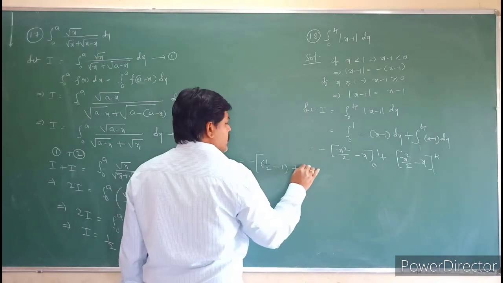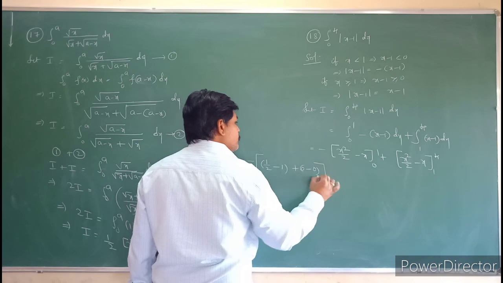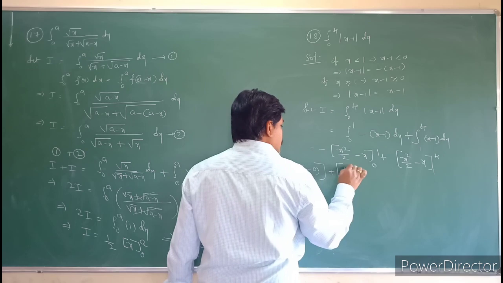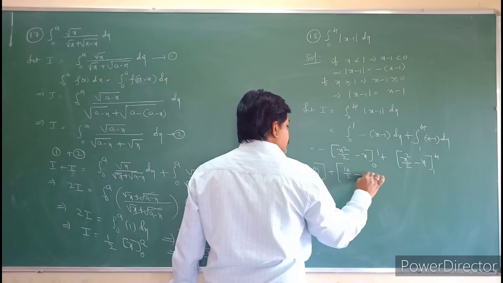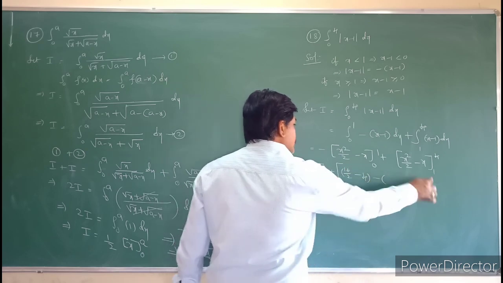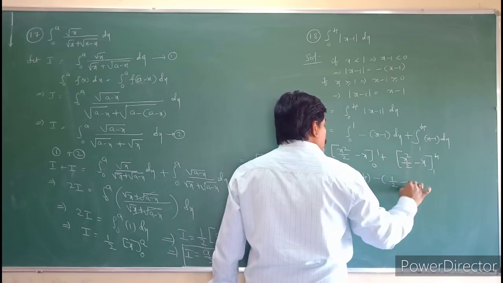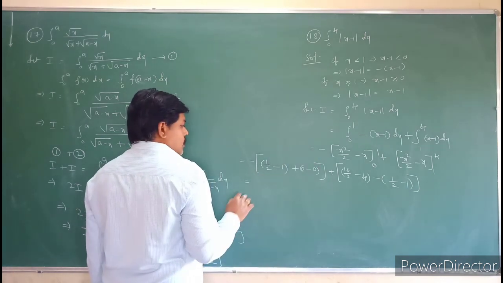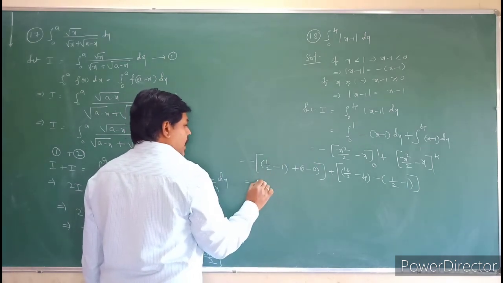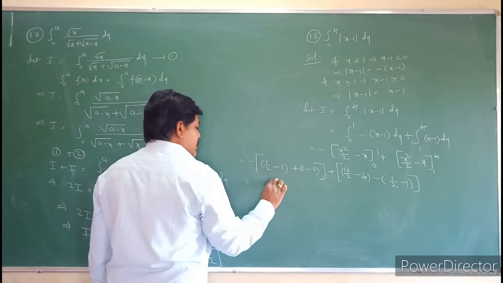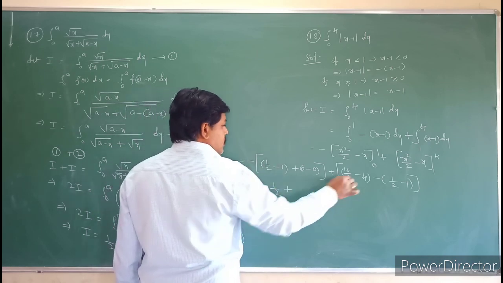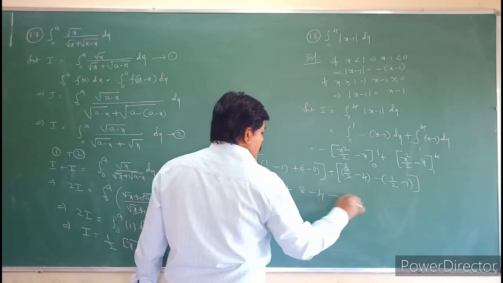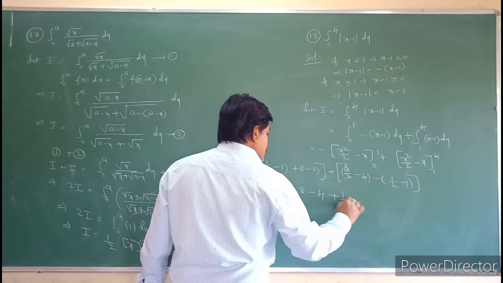Next apply 0, that is 0 minus 0, plus apply the upper limit: 16 by 2 minus 4, minus, then apply the lower limit, 1 by 2 minus 1. So that is equal to minus 1 by 2, minus of minus 1 by 2, plus 8 minus 4 minus of minus plus 1 by 2.